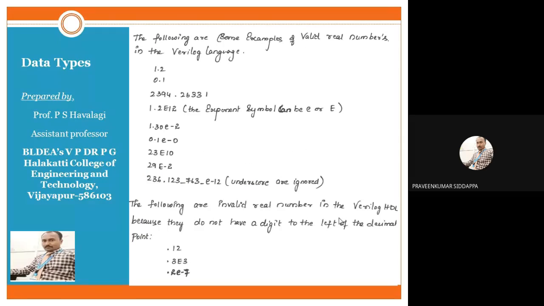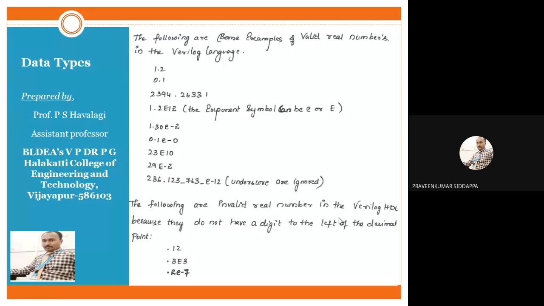Next, we have given some real numbers in your PPT, which you apply in your code. These we call real numbers: 1.2, 0.1, 2394 point something, and 1.2 e to the power of 12. These are real numbers. But below that I have written 0.12, which is an invalid real number.